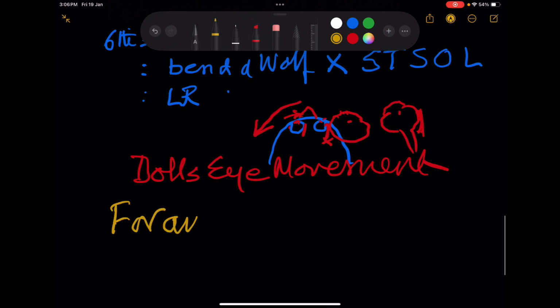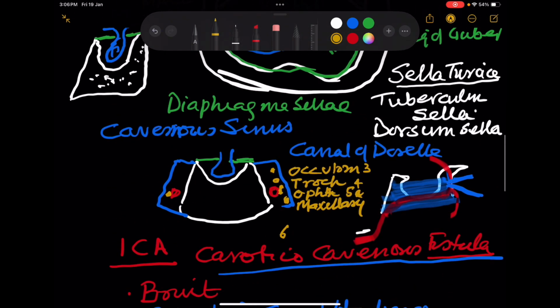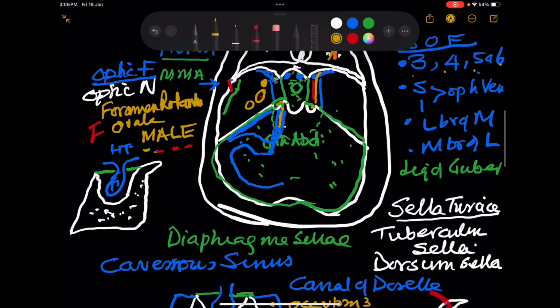The middle meningeal artery, which causes the extradural hemorrhage and can be approached through the pterion, enters through foramen spinosum.